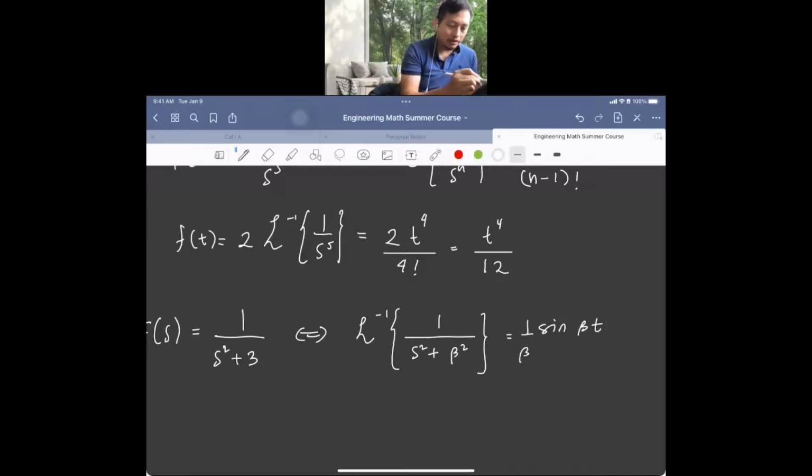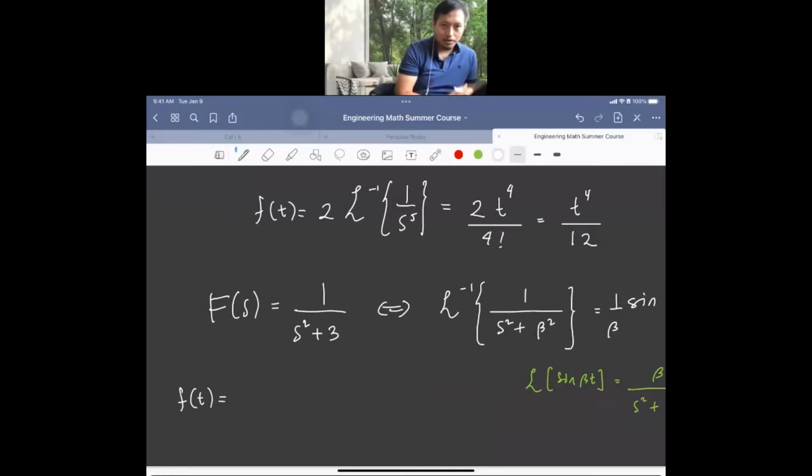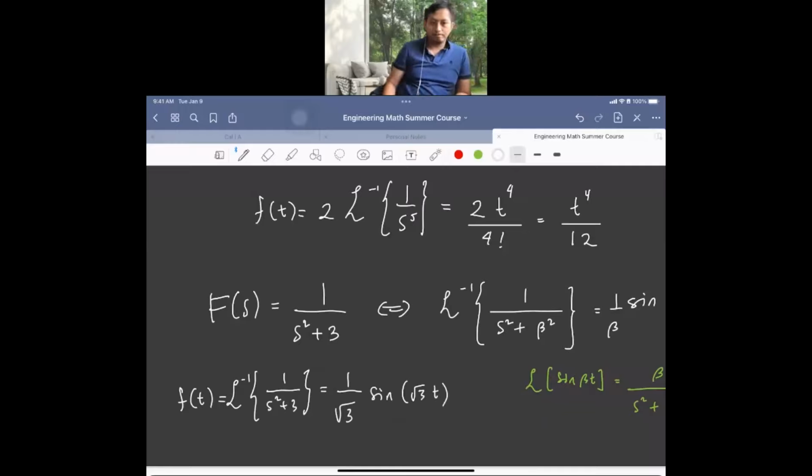Remember that the Laplace of sine beta t should have beta over s squared plus beta squared. So we need to multiply by 1 over beta to make it work. Now f of t will be the inverse Laplace transform of 1 over s squared plus 3. The beta is the square root of 3, so it is 1 over square root of 3 times sine of square root of 3 t.